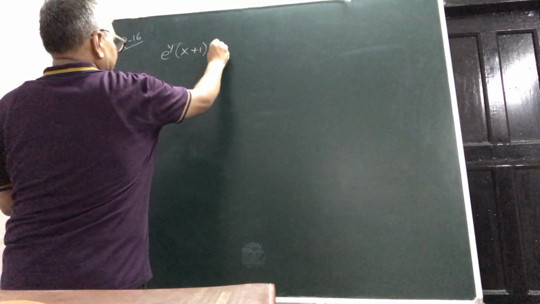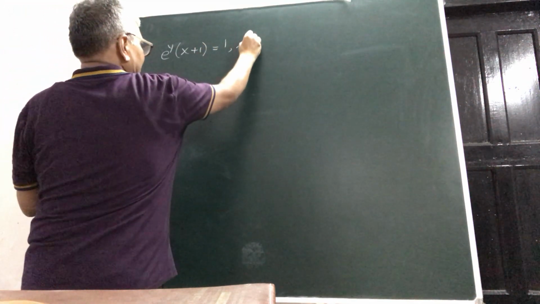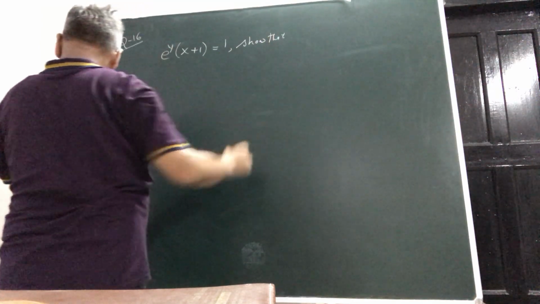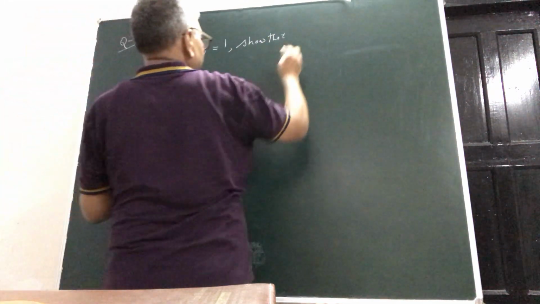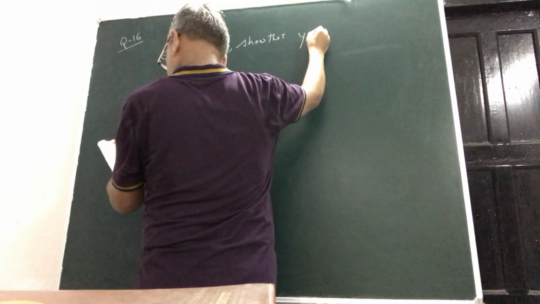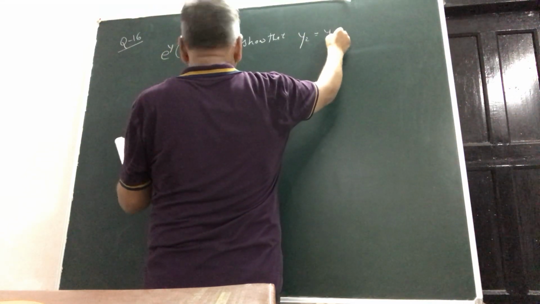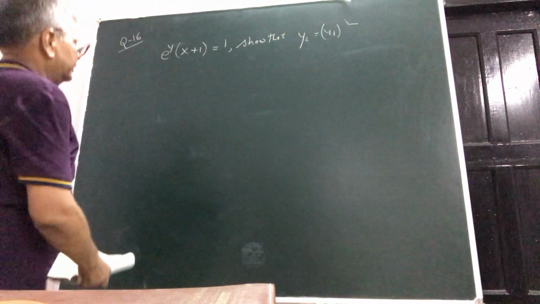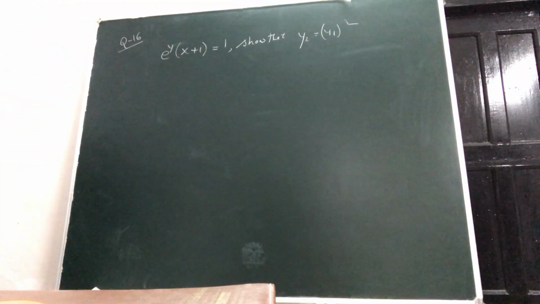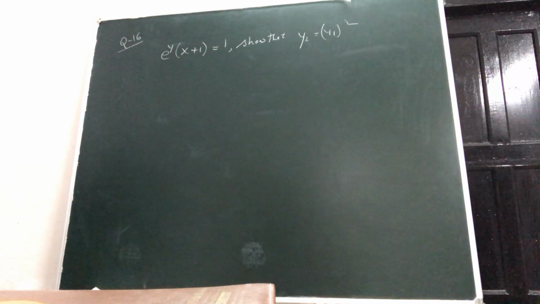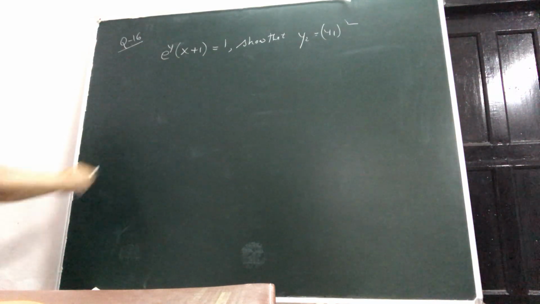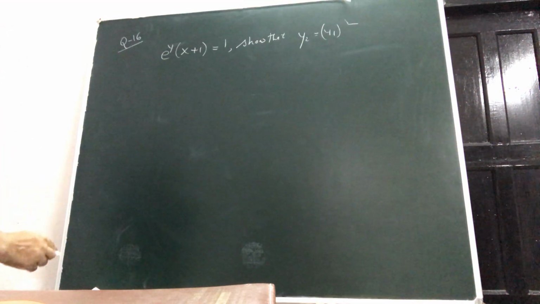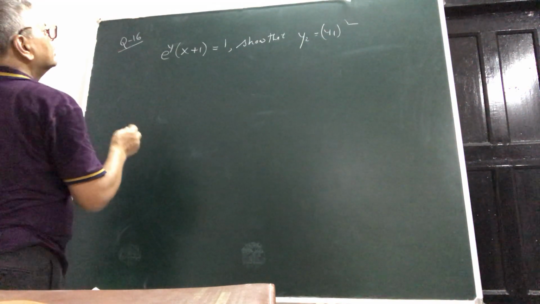Show that y2 is equal to y1 square. Okay. Let us see how to do it. Please see, let us differentiate this equation. Let us see what we will get here.